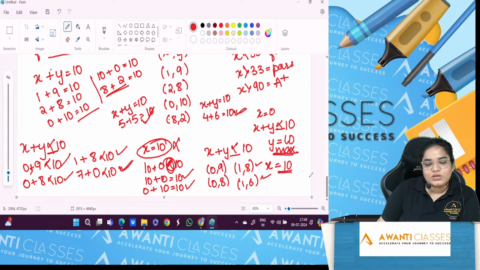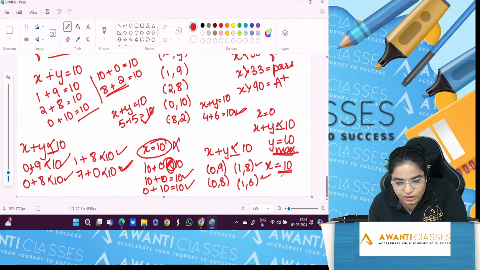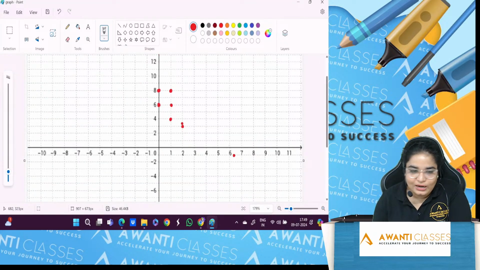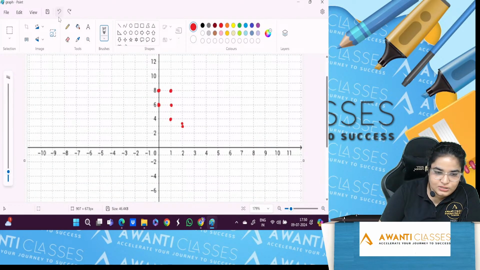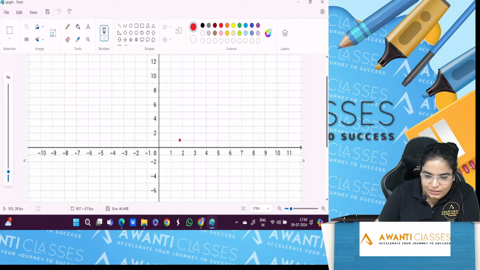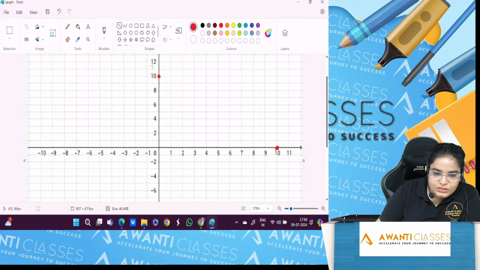Don't say y will be 11, x will be minus 1. No, no. If we take it like that, x and y will be maximum 10. 0, 10 and 10, 0. So in that case, let us take 0 and 10 and 10 and 0.